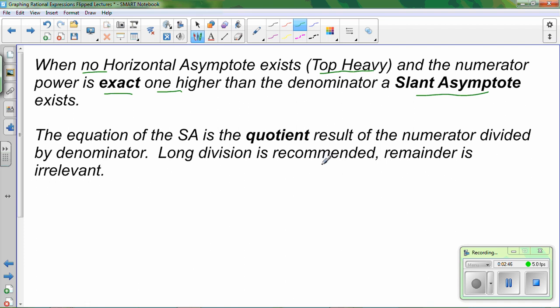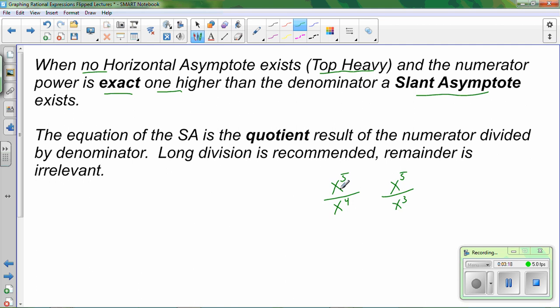For example, if the numerator has an exponent of x to the 5th, and the denominator has an exponent of x to the 4th, 5 is 1 higher than 4, and that's when you will have a slant asymptote. If it was x to the 5th over x to the 3rd, then no, there would be no slant asymptote.